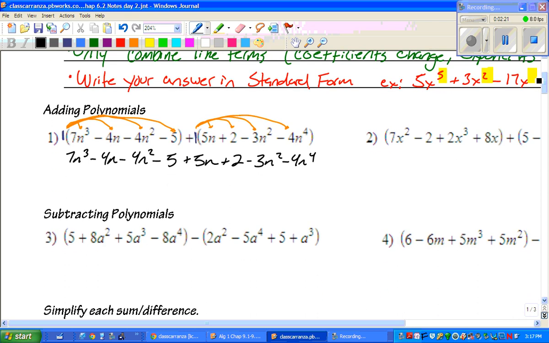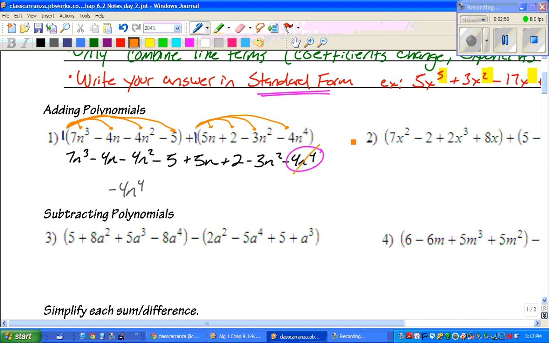And those are like terms. Same variable, same exponent. So, since we have to put them in standard form up here, first thing I notice is the 4th power. Since that's the highest one, are there any other exponents that are the same? Quick answer, no. So, that comes first.